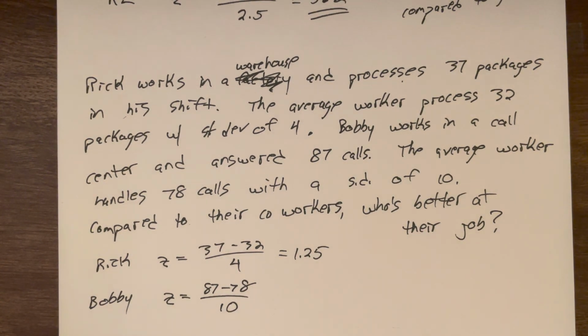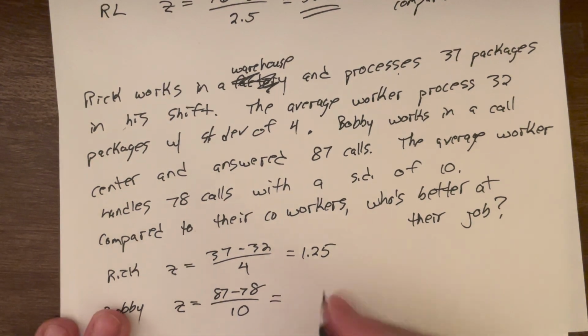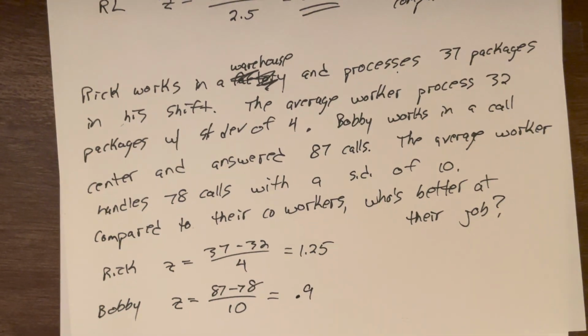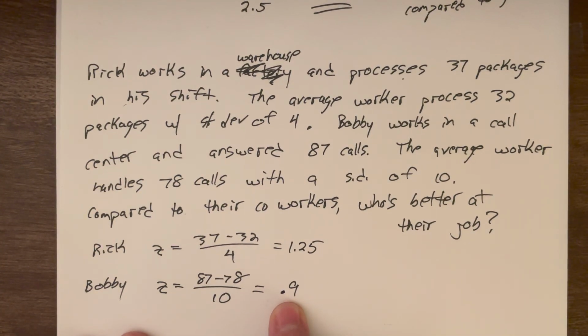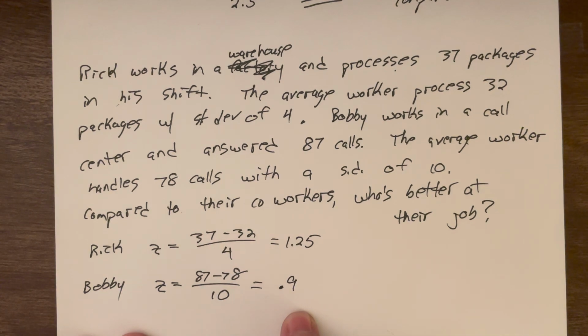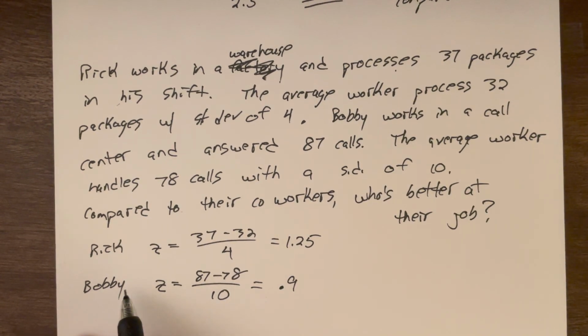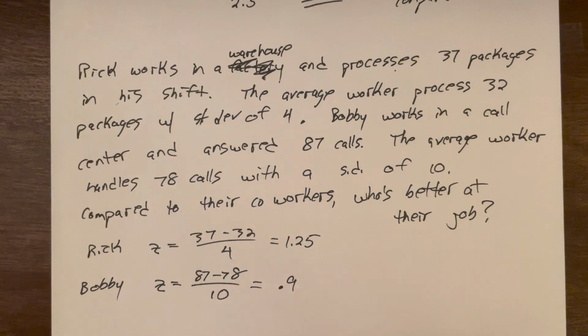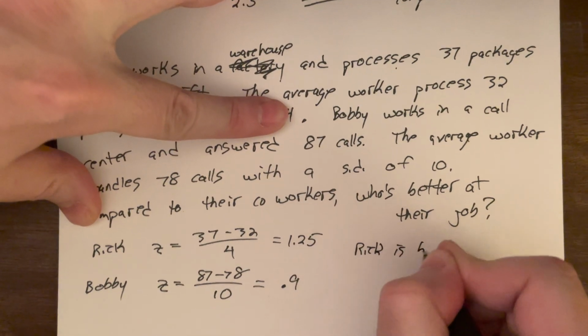It's just a coincidence that these all work out to be positive. And in this one, we get 0.9, which is 0.9 standard deviations better than average. So they're both good. They both do their jobs well. And it's so tempting to look at smaller numbers here, see bigger numbers here, and think Bobby, but when we do the work, comparatively, we get Rick is better.